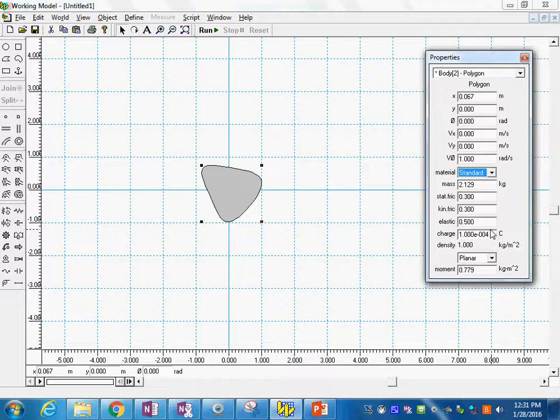And then you have this number that is the elastic here. We are going to concentrate on that, because this number is the so-called coefficient of restitution, which tells us whether the collision is elastic or is plastic collision.